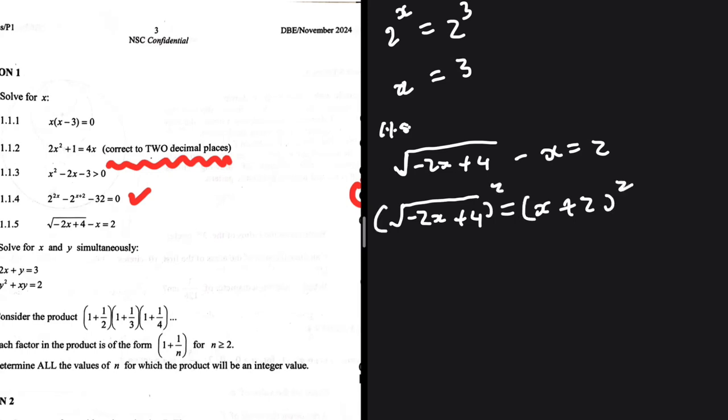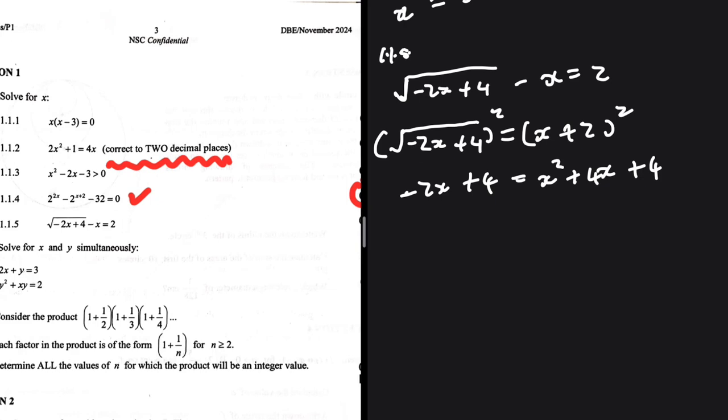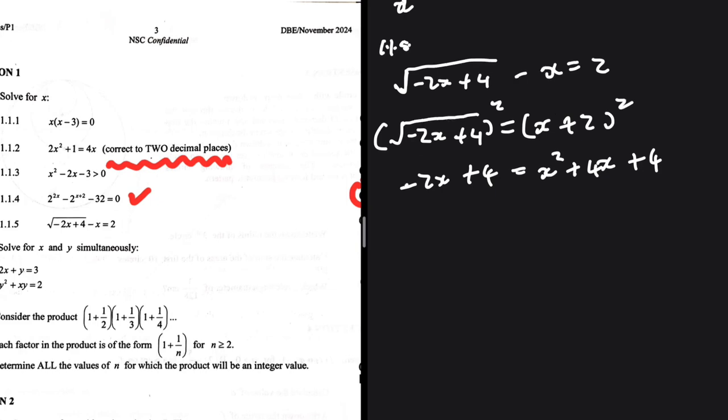When we do that, we get minus 2x plus 4. I wanted to say 4 minus 2x, but it's fine, we can just leave it like that. And then x plus 2 squared, that is x squared plus 4x plus 4. I'm happy with that. So we're going to have x squared plus 4x plus 2x when we take it to the other side.